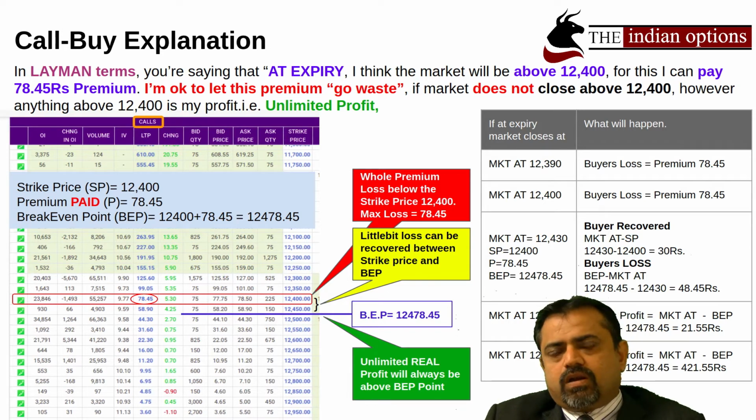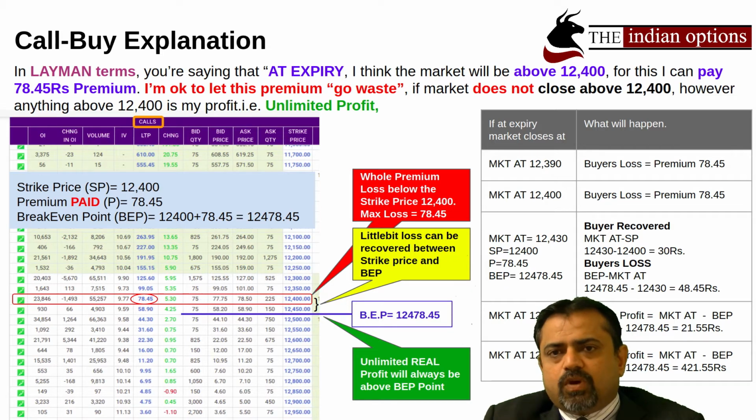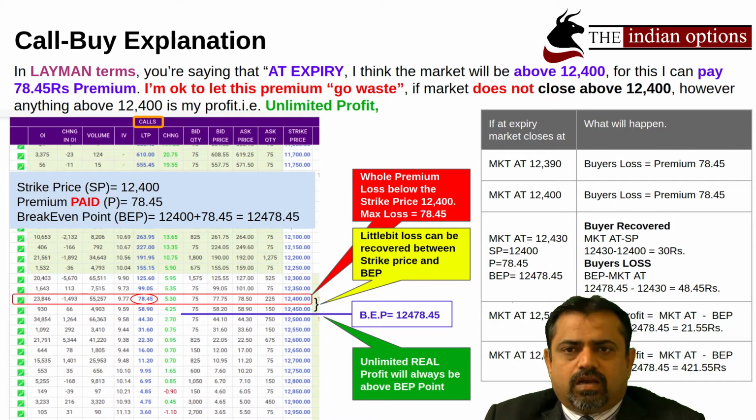When you open the contract, you are basically saying that the market is going to be above 12,400. Now if the market doesn't go to 12,400, it means that you are going to lose the premium which you paid, that was 78.45. This is the maximum loss that you can incur in this kind of strategy.